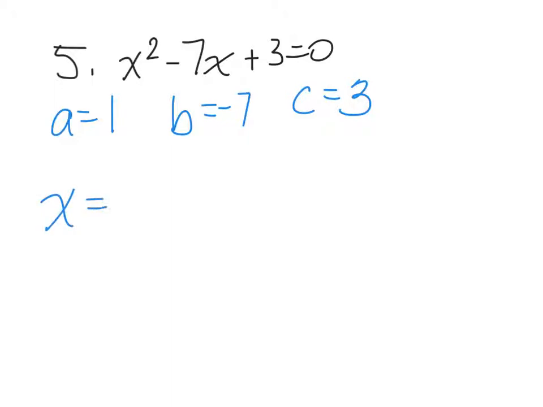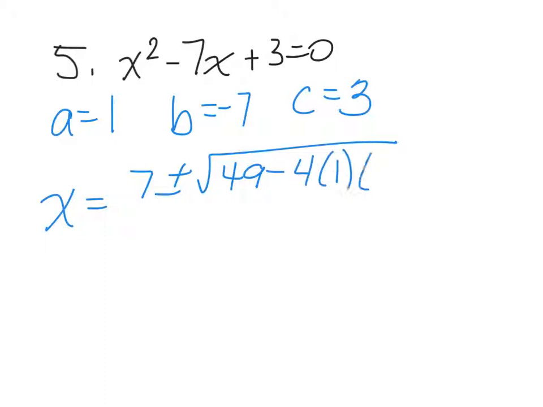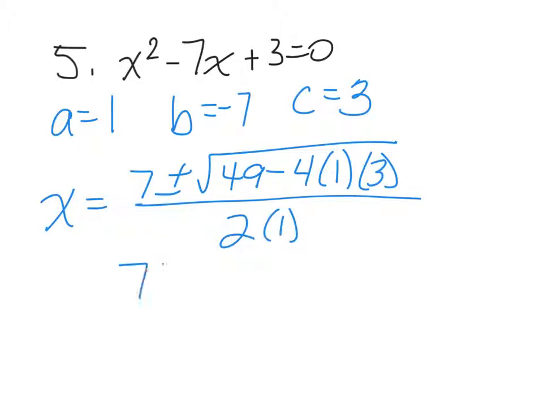X equals negative B plus or minus the square root of B squared. So negative 7 times negative 7 is 49 minus 4AC all over 2A. So I've got 7 plus or minus square root of, what's 49 minus 12? 49 minus 12 equals 37.